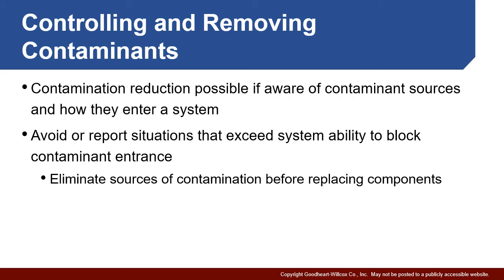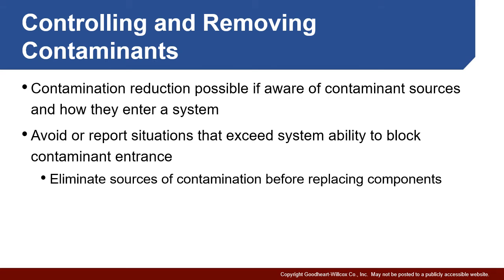We're also going to try to maintain a level of contaminants. As I said, you're never going to completely remove contaminants, but if you understand the sources and you know how they're entering the system, one, you can avoid them. If it turns out, though, that contamination does start to build up, this is something you really need to report, and you really need to come up with a solution.